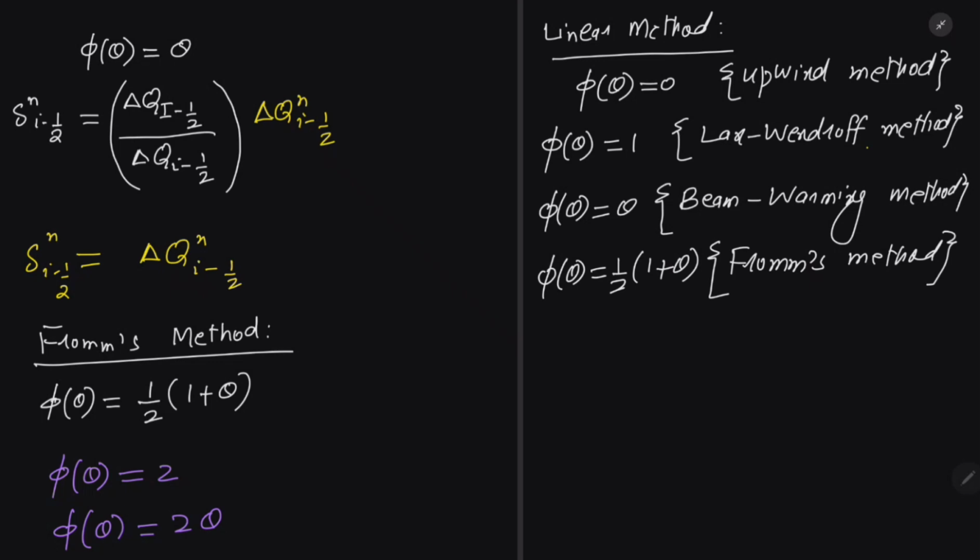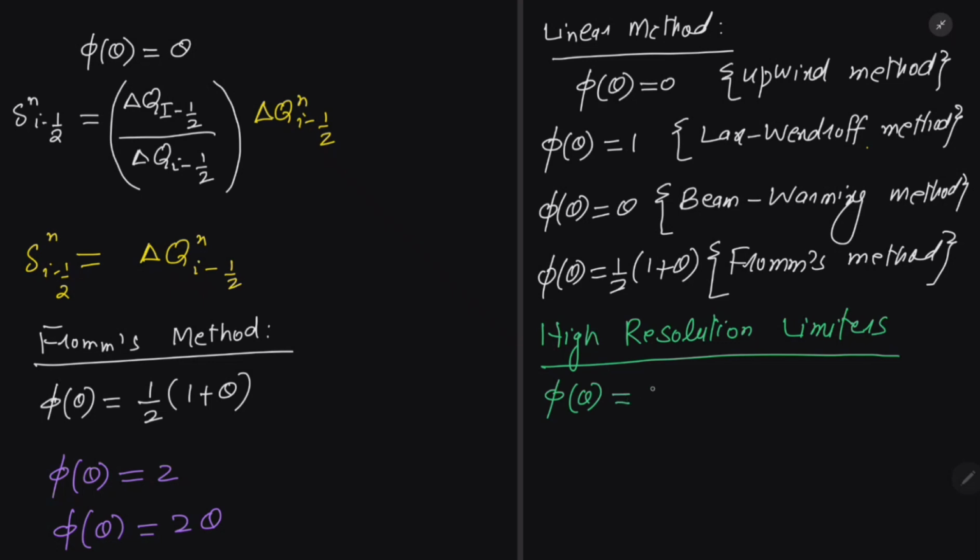These are not the limiters. How can these become a limiter? High resolution limiters. For minmod, phi of theta will be equal to minmod of 1 comma theta.